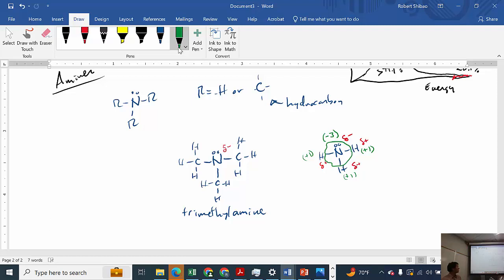So carbon versus nitrogen, who wins? Nitrogen wins, so carbon doesn't get any of those. Carbon versus hydrogen, who wins? Carbon. So how many electrons does carbon end up with? 2, 4, 6. Carbon ends up with 6 electrons here in the green.